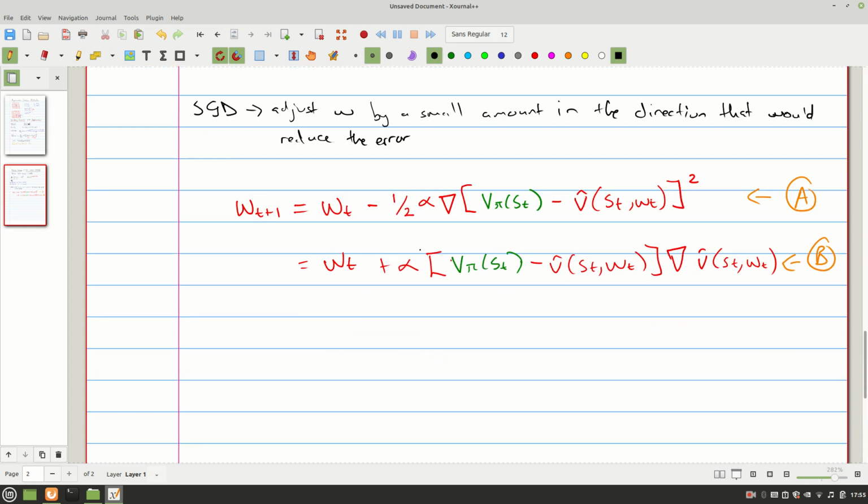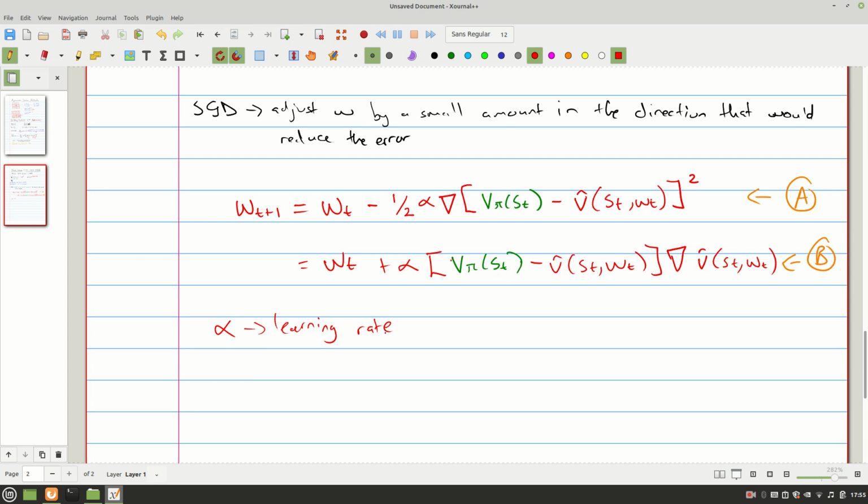So this is essentially the objective function that we're trying to minimize. So we take the derivative with respect to w. And if you're familiar with machine learning literature, this should not be new to you. We consider alpha to be our learning rate.